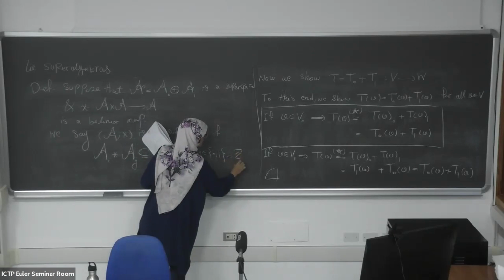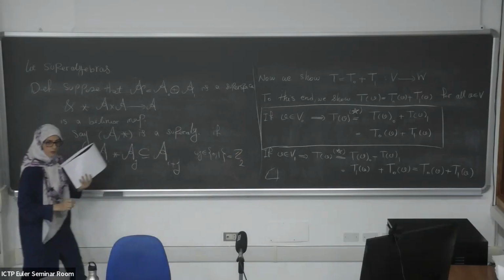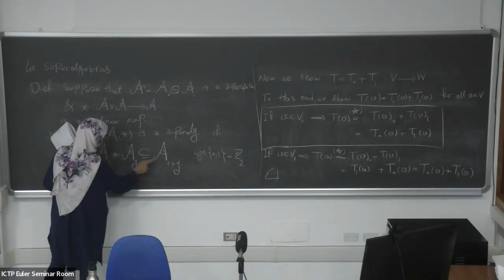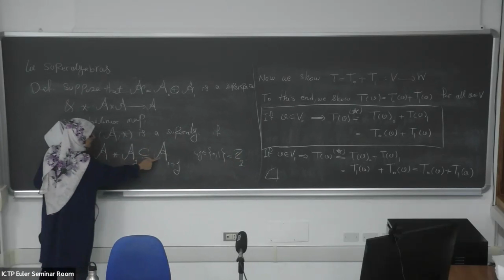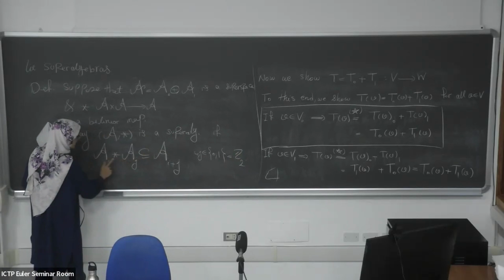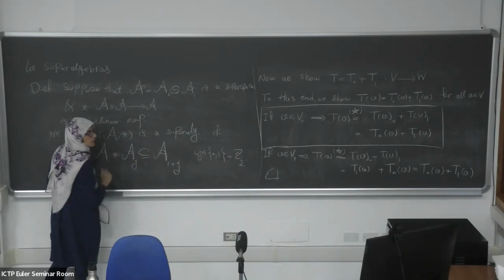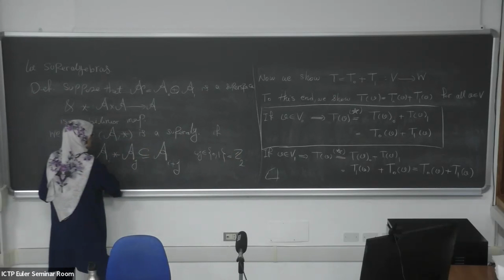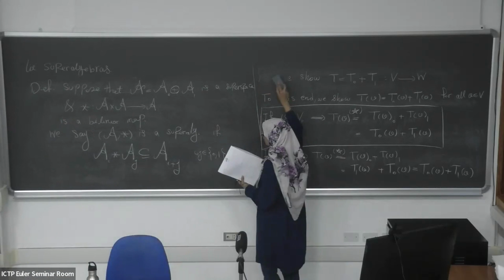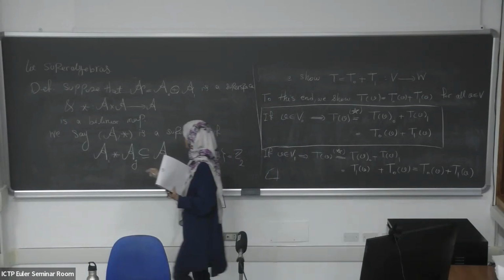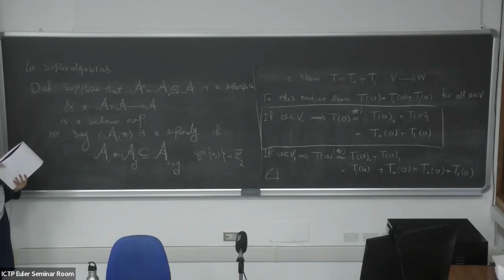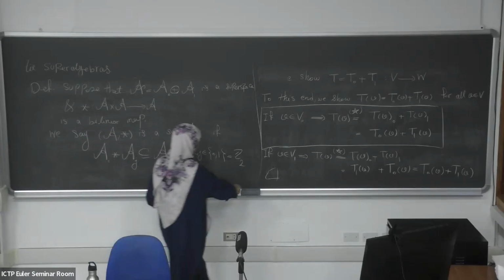So it means that A0 star A0 is a subset of A0, A0 star A1 is a subset of A1, and A1 star A1 is a subset of A0. Okay, and this is the definition of a superalgebra. And I just want to mention that sometimes I forget about this star and just write AB instead of A star B, just for simplicity.